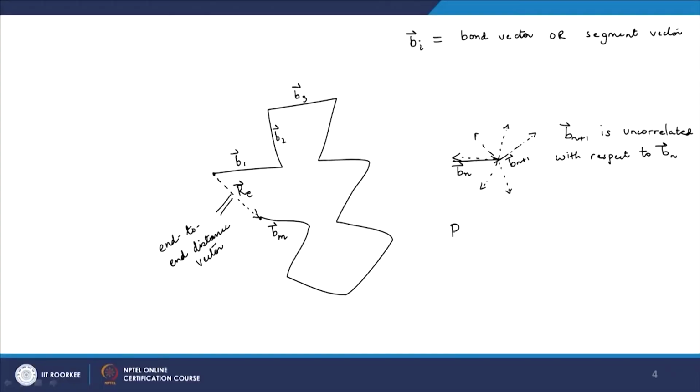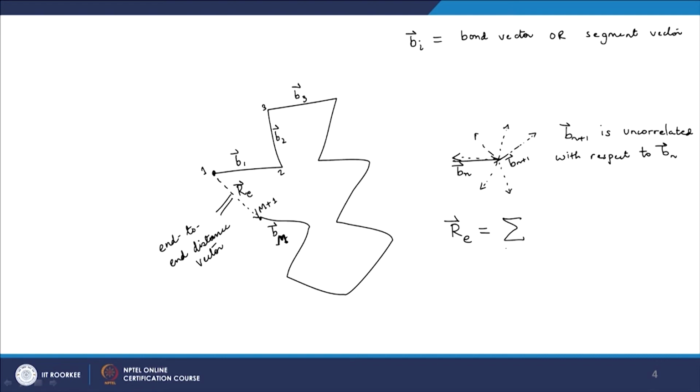Okay. So, now if I look at the end to end distance vector, this is a sum over bond vectors. Let us say we have capital M total segments, this is my segment 1, segment 2, up to capital M, or I can also talk in terms of nodes. This is my 1, 2, 3 and so on, so it becomes M plus 1. So, if we have capital M segments, then Re is the sum over all these bond vectors by the standard vector addition rule.